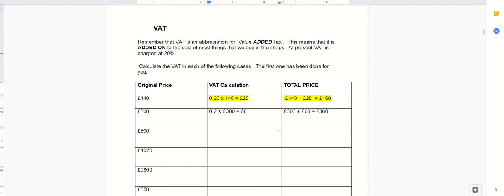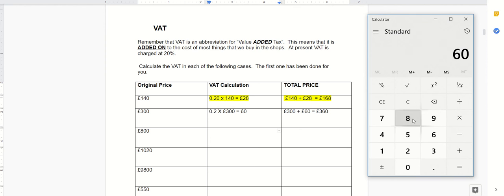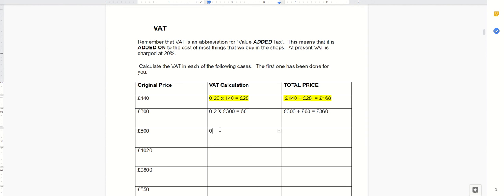We'll do it with 800 now. So 800 multiplied by 0.2 equals 160. So 0.2 multiplied by 800 equals, and I can never remember this one, 160.